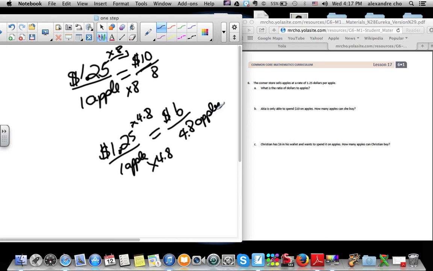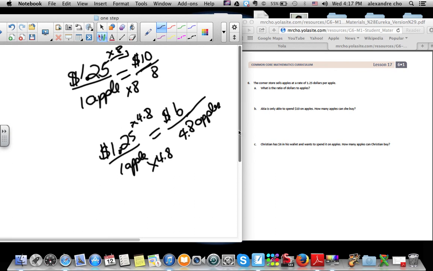You can't buy 4.8 apples, but you can definitely buy 4 apples. He doesn't have enough to buy that 5th apple. It's almost 5 apples, but it's not. So how many apples can Christian buy? He can buy 4 apples.